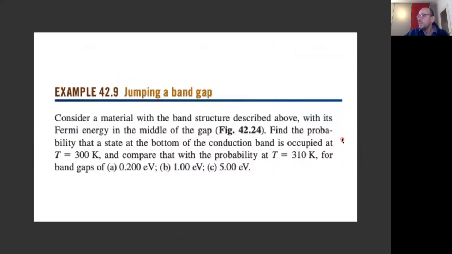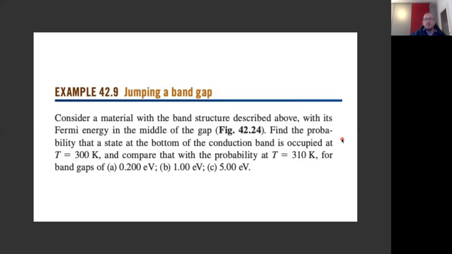Okay, I wanted to consider an example that was put in the book, and I'm copying it here, because there are some numbers here that are meaningful. So it says, consider a material with a band structure described above.